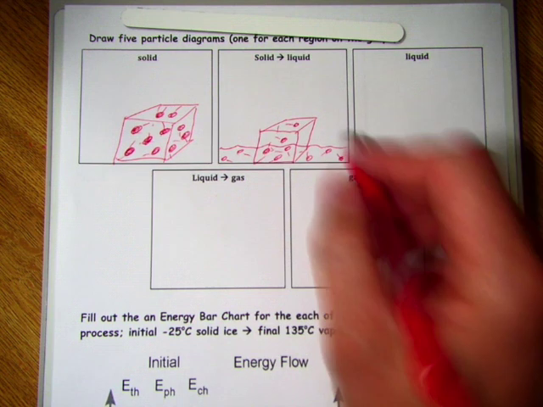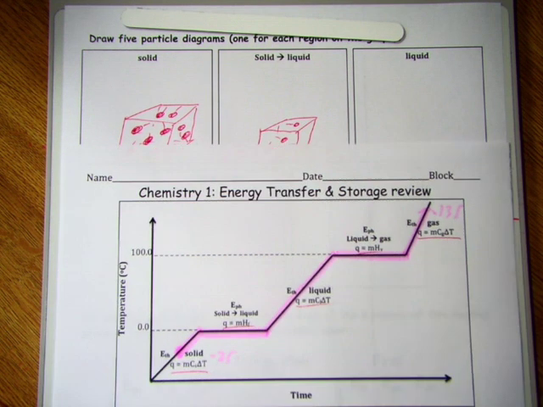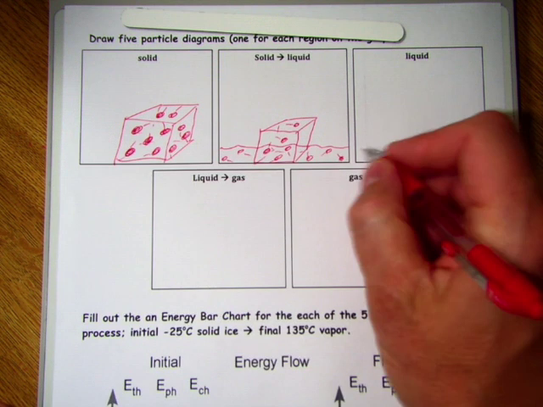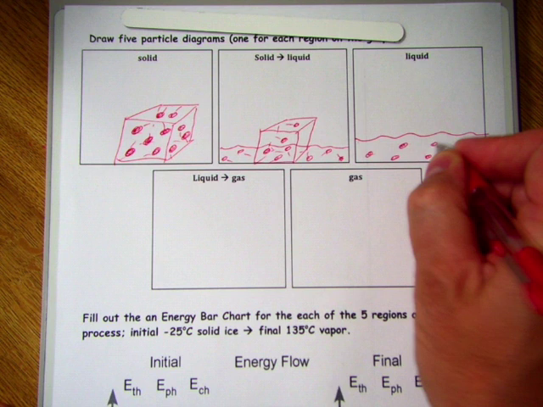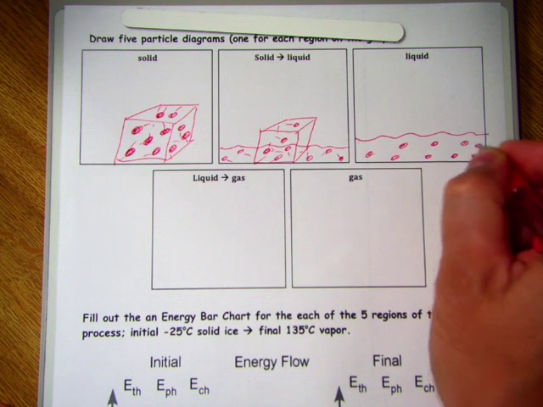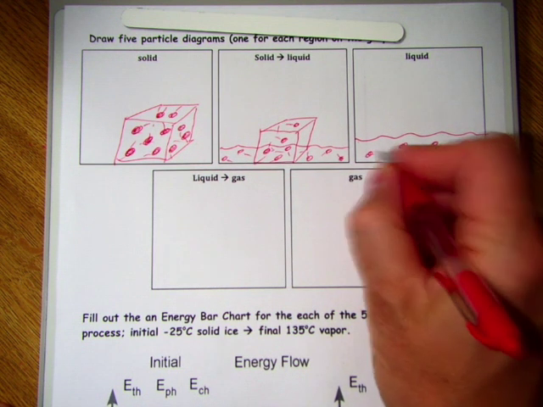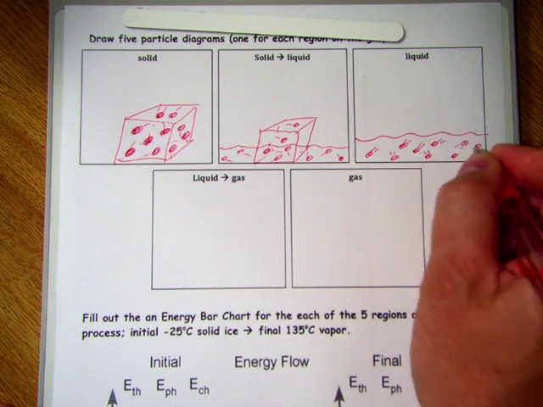And where it was all a liquid, where we were heating it up, you could draw 2 particle diagrams if you want, one where it was cold and one where it was moving faster. But it's all liquid, and I will show still my 10 particles. 1, 2, 3, 4, 5, 6, 7, 8, 9, 10. Just moving faster, because I'm heating them in this range.